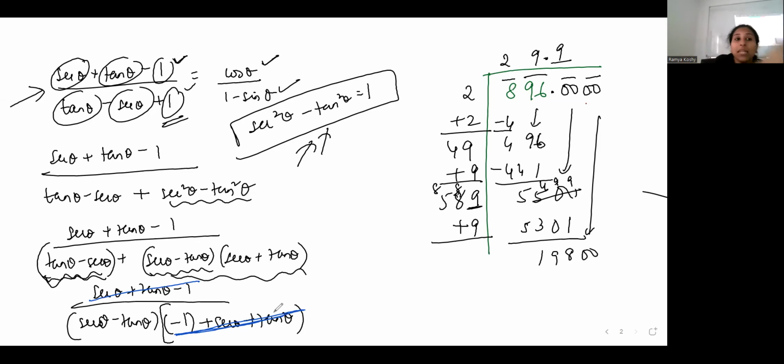So your aim in this pattern of question is to use the identity sec square theta minus tan square theta equals 1, or cosec square theta minus cot square theta is equal to 1. If in the question you have the same pattern but with sine and cos, you will change it to sec and tan, or you will change it to cosec and cot. How will you change it?